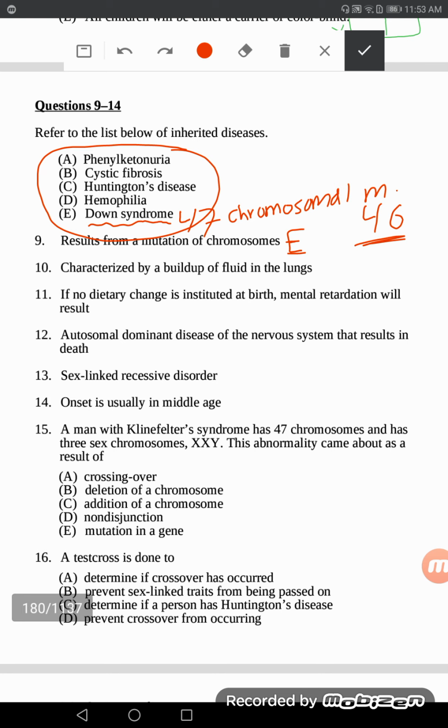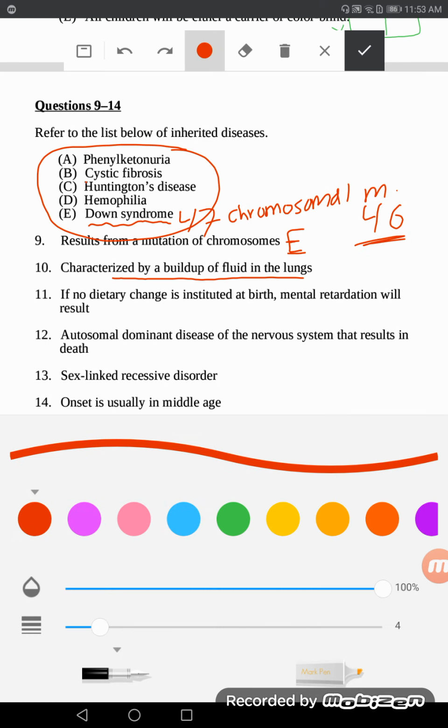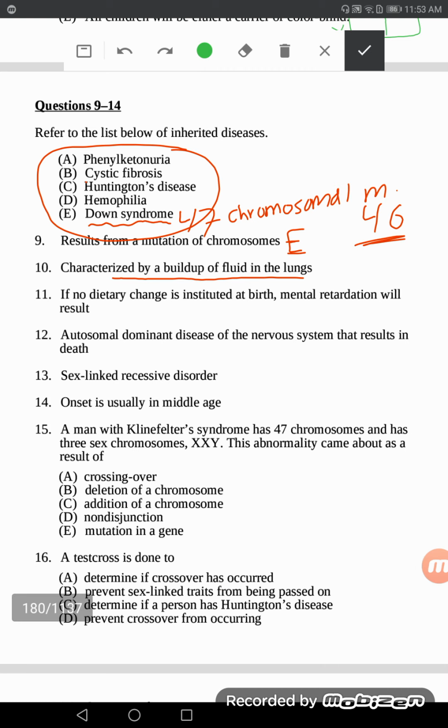It's characterized by a buildup of fluid in the lungs. So among these diseases, cystic fibrosis is a disease related to the buildup or collection of fluid in the body organs, mostly in the lungs.